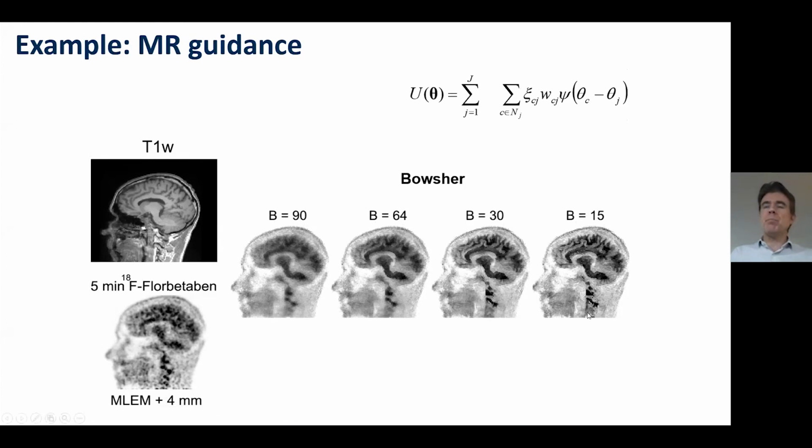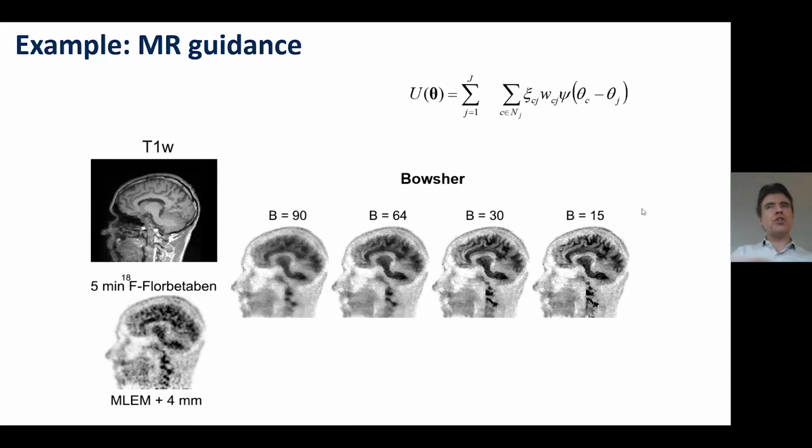But as we reduce the number of similar neighbors in that similarity patch, then we start to only smooth selectively within regions that are similar in the MR. So it's purely PET data that's being used, but we're using the MR to decide whether or not we aggregate PET data in particular directions. And so that's why if we only have 15, that's a smaller, more compact neighborhood that will follow MR anatomy.